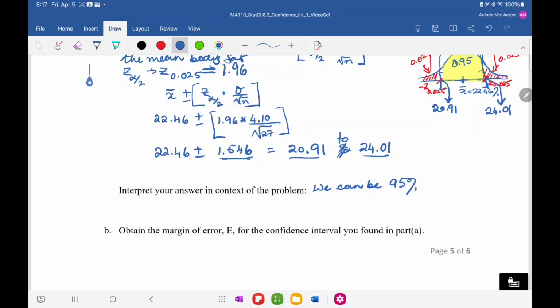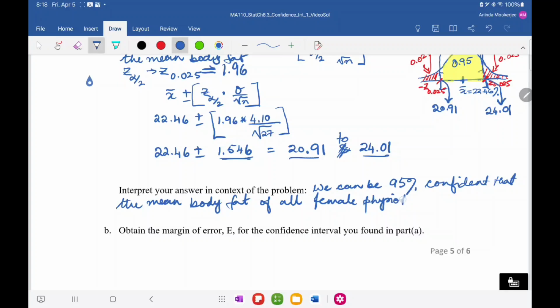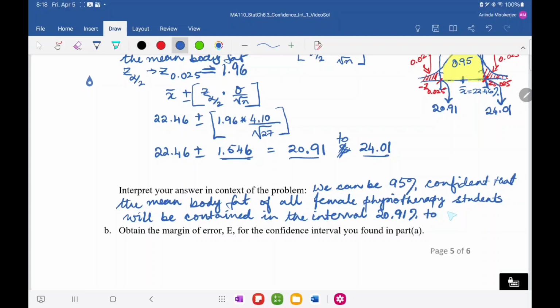We can be 95% confident that the mean body fat of all female physiotherapy students will be contained in the interval 20.91% to 24.01%.